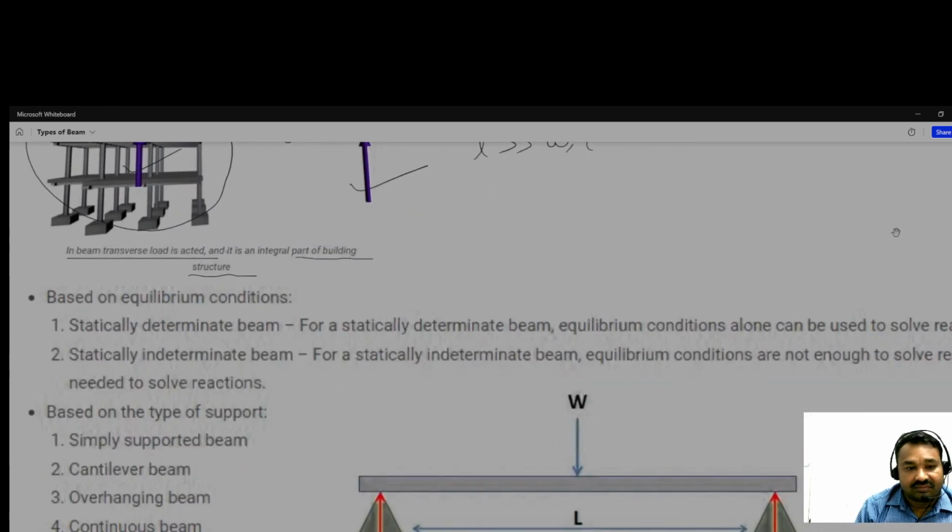And how to classify? Based on equilibrium conditions. Okay, and equilibrium conditions, we know what they are. So net force or the moment should be zero.